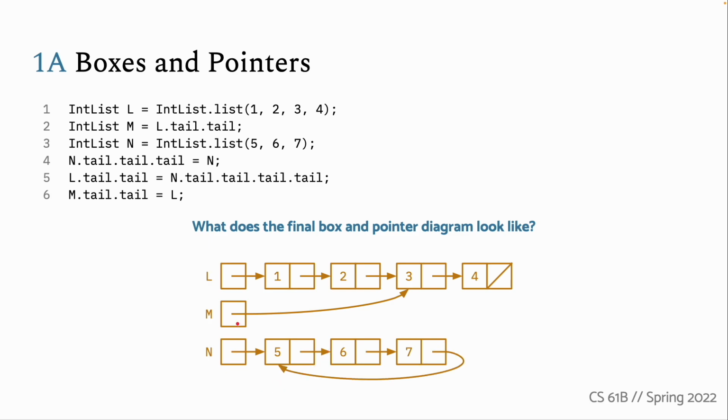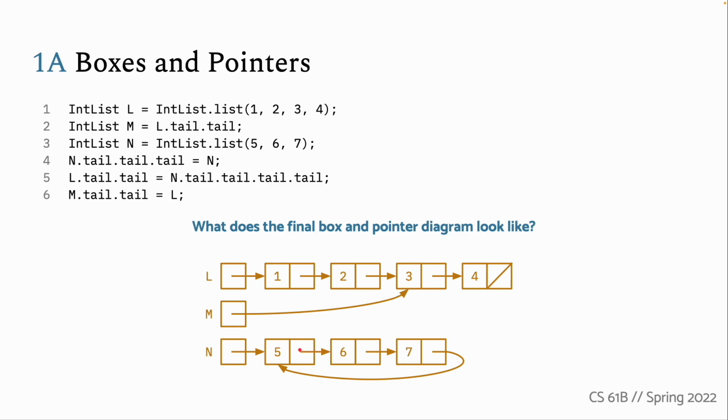Next, we're going to be doing L.tail.tail equals n.tail.tail.tail.tail. So what that means is we start at n.tail, that's the first .tail, the second .tail, the third .tail, and then we wrap around again, so now this is the fourth .tail.